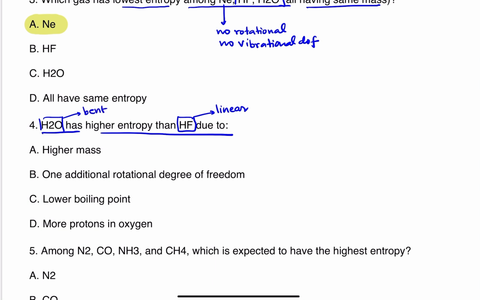Due to that, water will have one additional degree of freedom, and hence it will have more heat capacity, right? So water will have a total of 3 rotational degrees of freedom, but HF has only 2. So you can say water has higher entropy. So correct answer should be B.